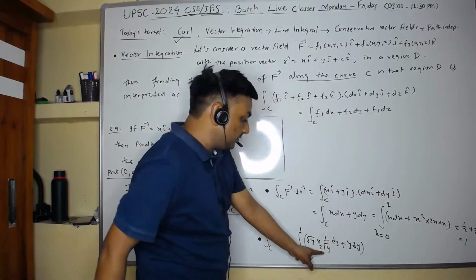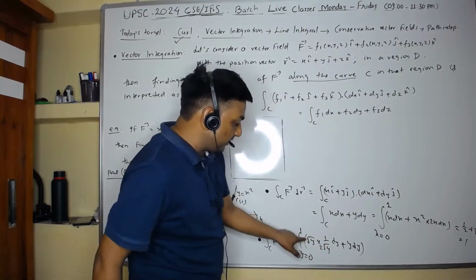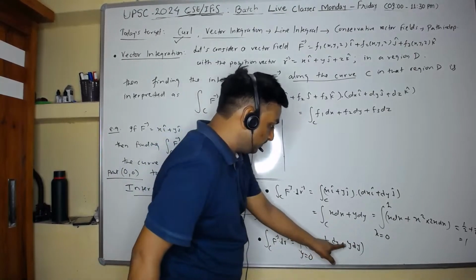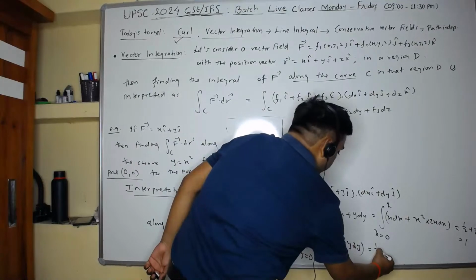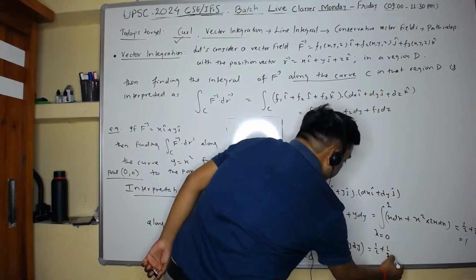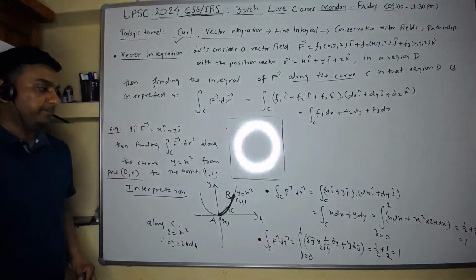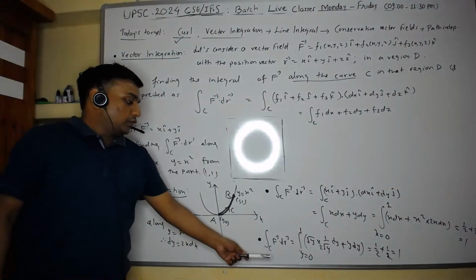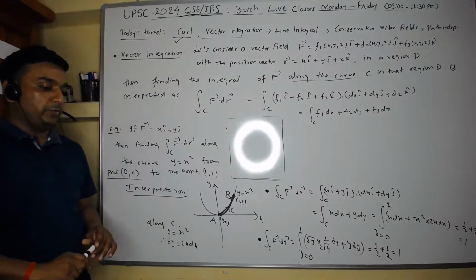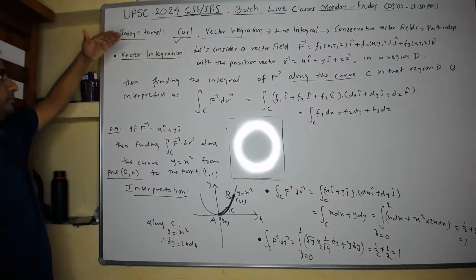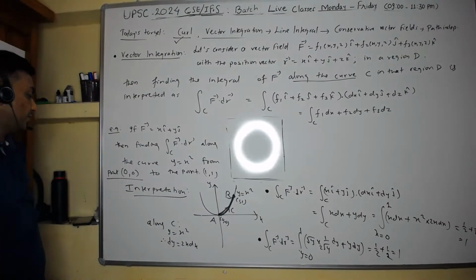If you observe this integration, root y cancels, 1 upon 2 and y squared by 2 give 1 by 2. The result will not be altered. Please note down, this is vector integration.